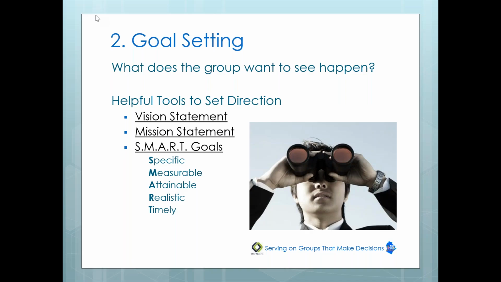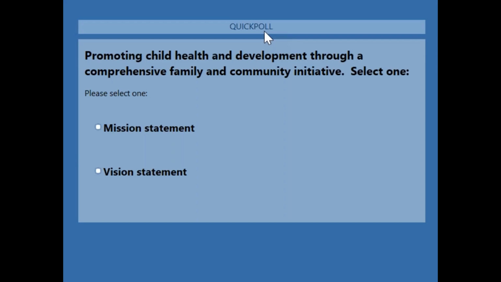So I'll hide that. I'm going to do one more, which is this one. I'll launch that one out. And which do you think this is, a mission or a vision statement? This is promoting child health and development through a comprehensive family and community initiative. Okay, almost everybody has voted.